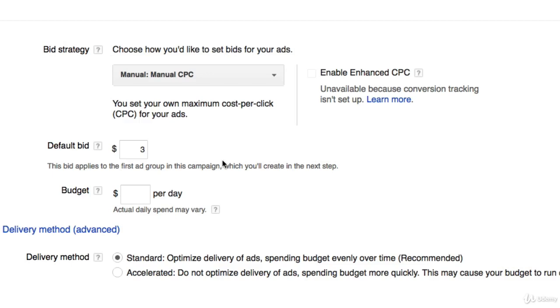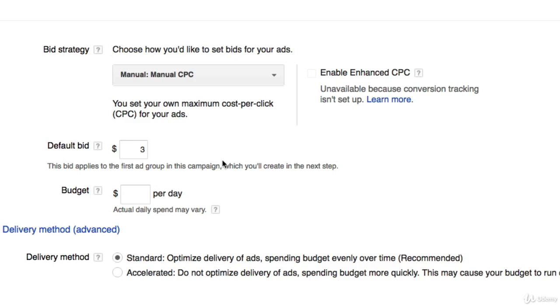That means if I go tomorrow and add 10 keywords to this campaign, they're all going to inherit that $3 max CPC bid. Yes, I have the option of changing those bids. I could lower or raise them at the keyword level, but if I don't, they will inherit the default max CPC bid of the ad group above them, and the ad groups will inherit the default max CPC bids of the campaigns above them. That's what the default bid concept is.